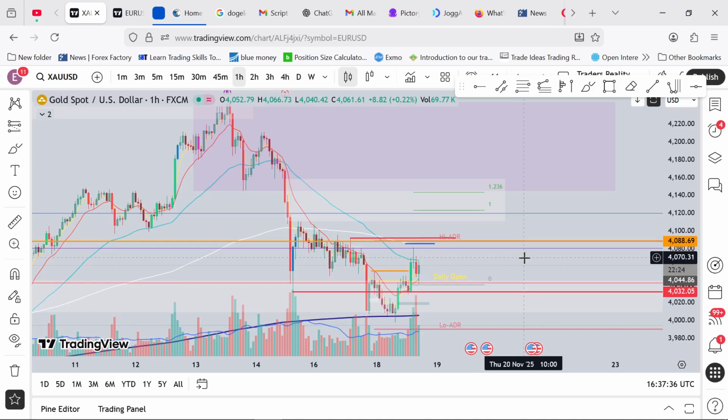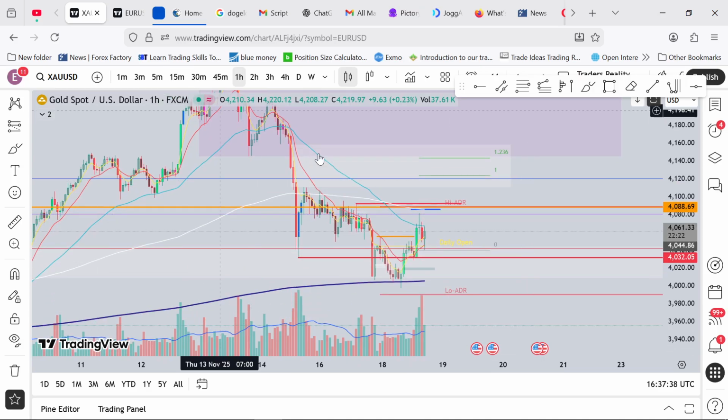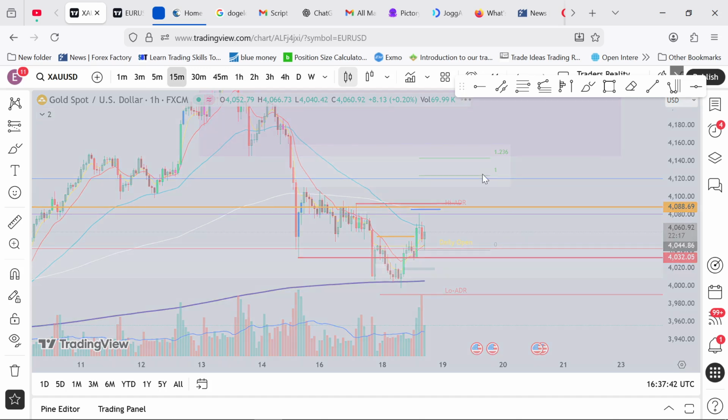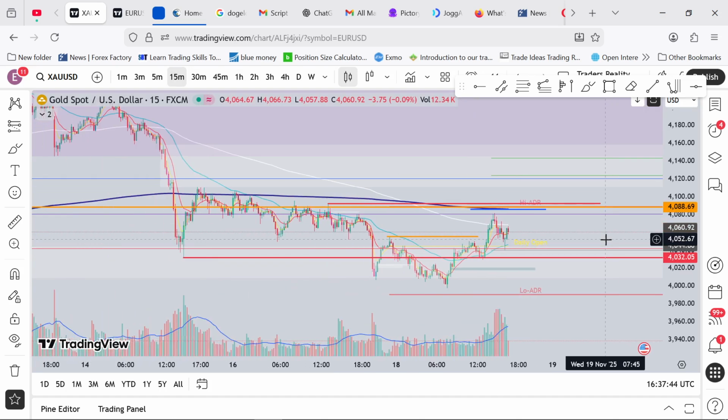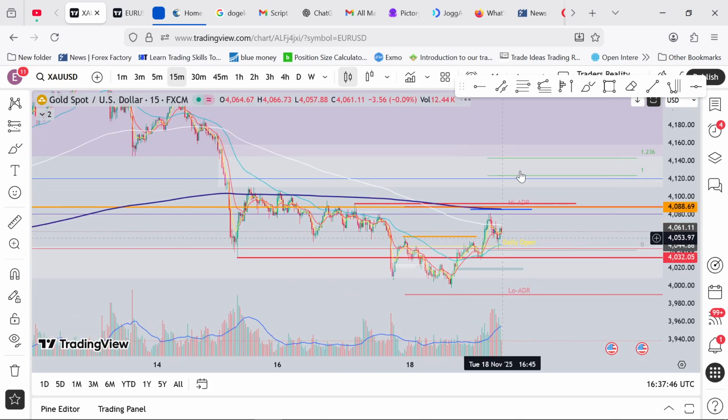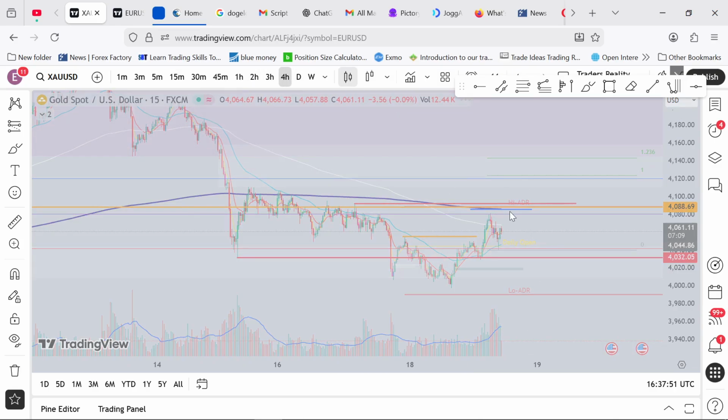On this occasion, okay, on the 1 hour time frame, we don't have the EMA confluence over here. We go to the 15-minute time frame, and again, we don't. So this is a 4-hour play. It's a 4-hour fair value gap as well.